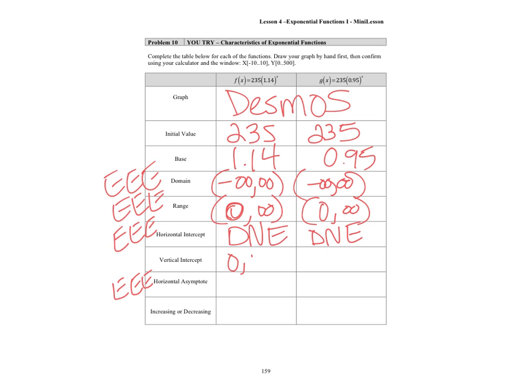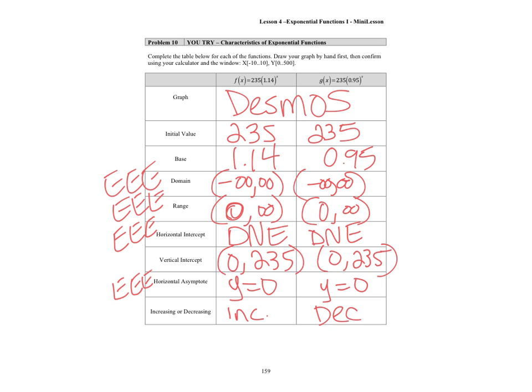For this, it'll be (0, 35) for both of them, because they both start there. Horizontal asymptote for all of them is y equals 0. And then we check our base or our growth factor to see if it's greater or less than 1. 1.14 is greater than 1, so this one is increasing. 0.95 is less than 1, so this one is decreasing.